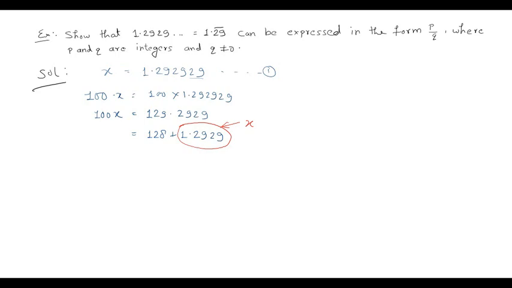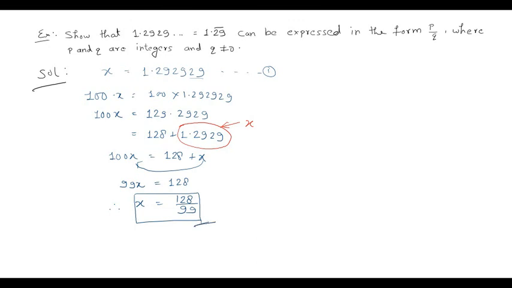It becomes 100 times x equals 128 plus x. When we bring x to the left side, it becomes 99 times x is equal to 128. Hence x is equal to 128 by 99. So this is a rational number.